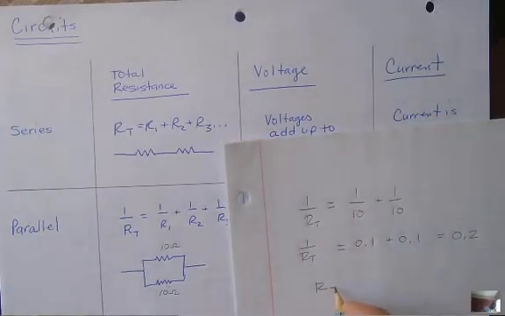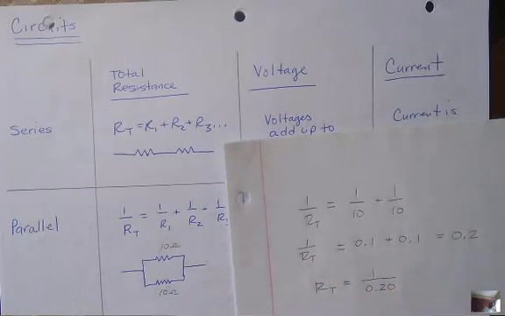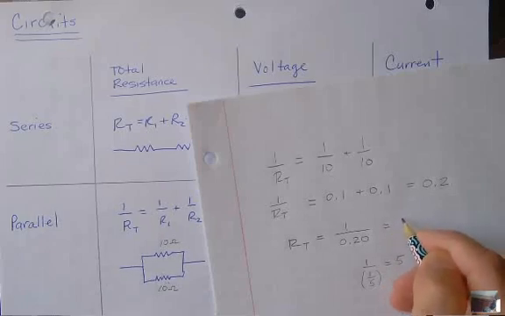So what is RT? I need to take the reciprocal of that. So 1 over RT is equal to 0.2, so RT is equal to 1 over 0.2, right? And what is 1 divided by 0.2, or 1 divided by 1 over 5? 5. You can do it on your calculator if you want. So this guy's going to have 5 ohms.